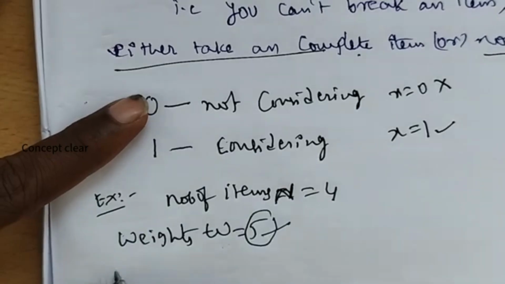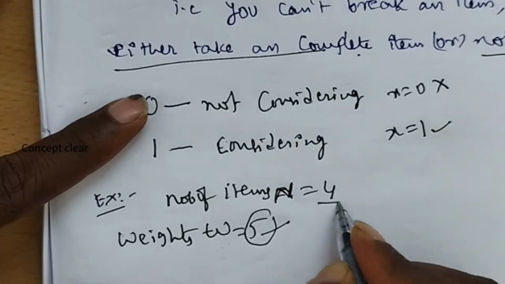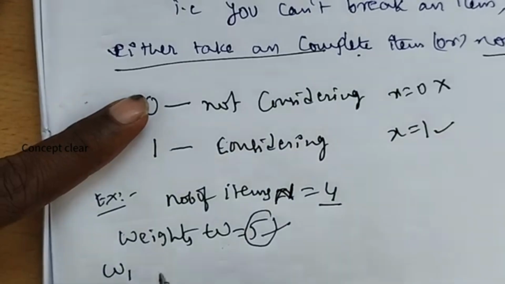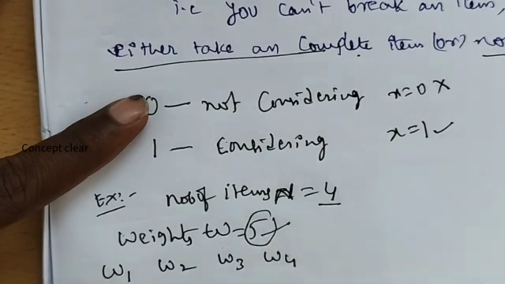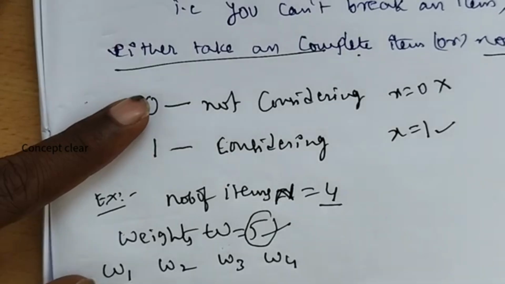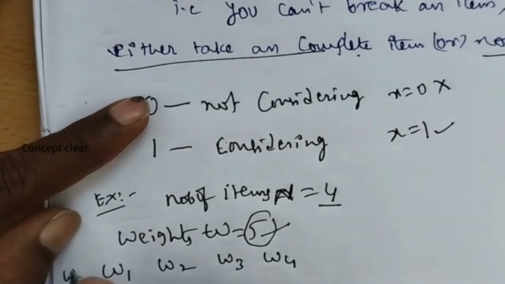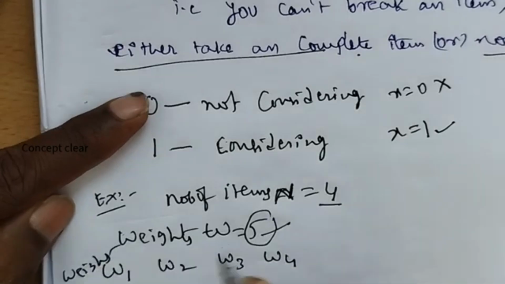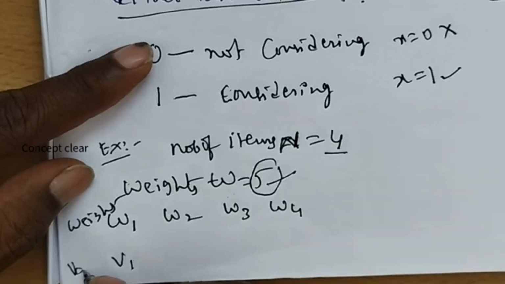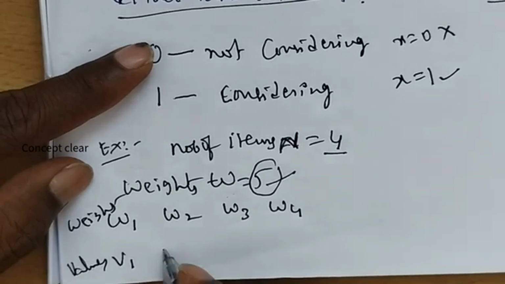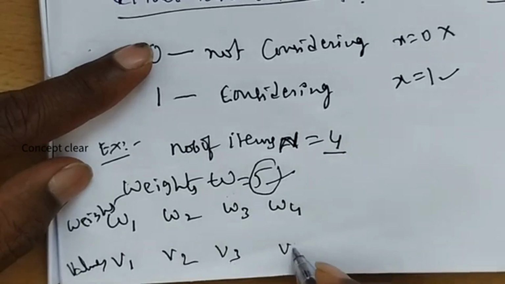We have 4 items: item 1 weight, item 2 weight, item 3 weight, item 4 weight, as well as the values v1, v2, v3, v4.